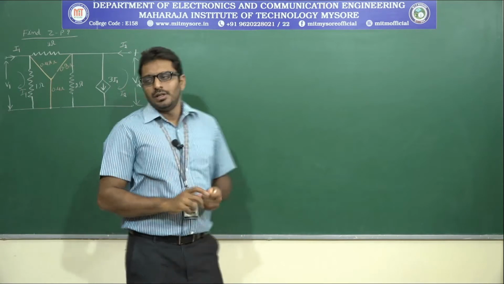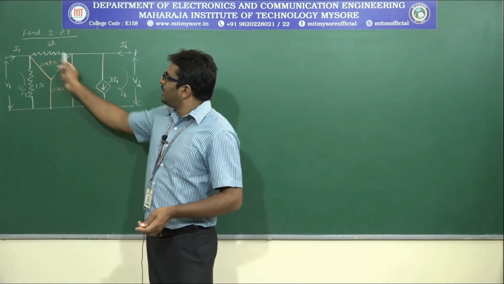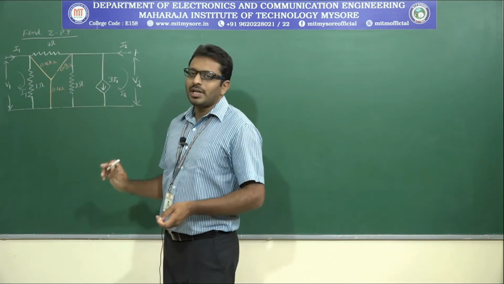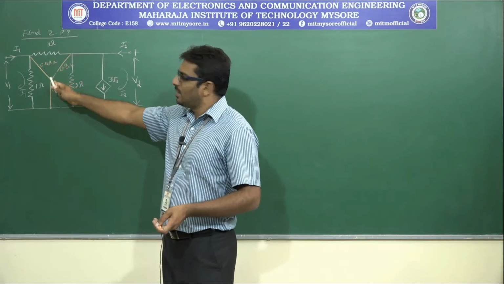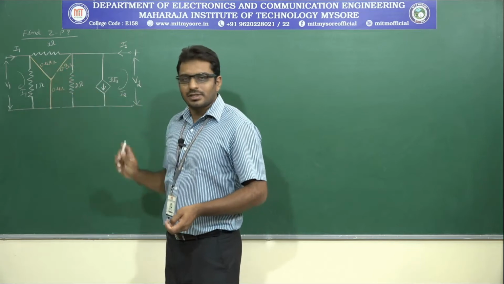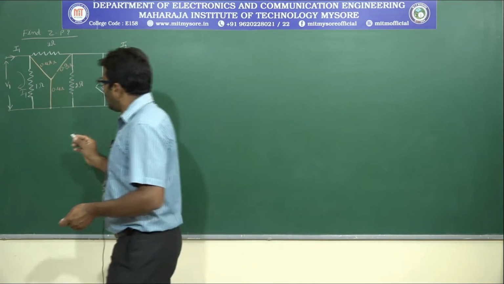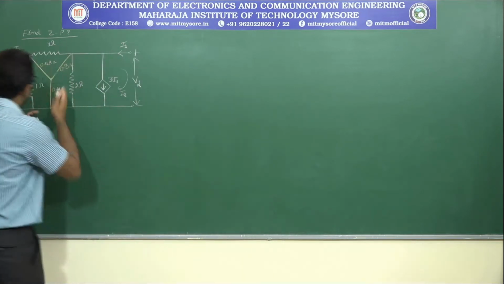Is it clear? By converting this delta network into a star network, you get the star equivalent resistance values. Now let me write the circuit after converting.